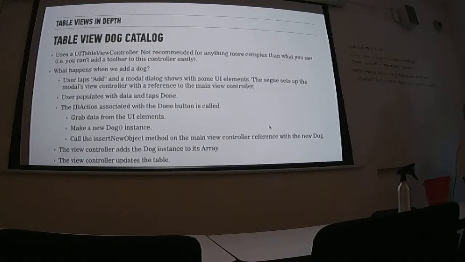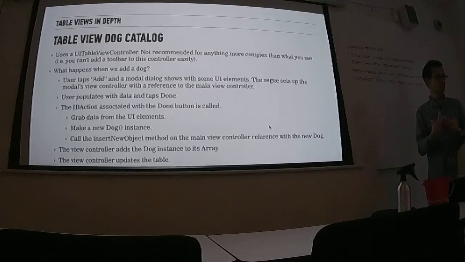That takes on the responsibility of adding that instance of a dog to the array it's holding, its data store, essentially. It's a data structure after all. And then it tells the table view to update itself with that new piece of data. This is a very common pattern.